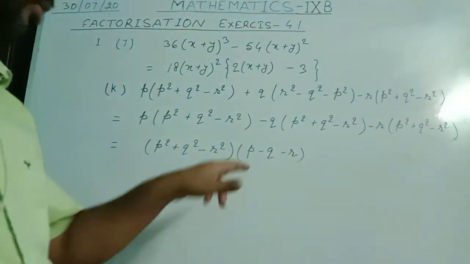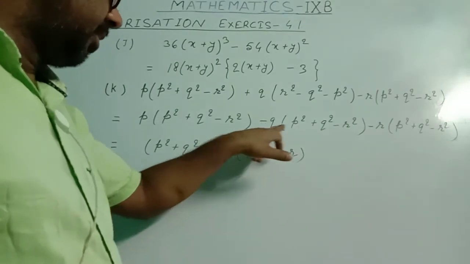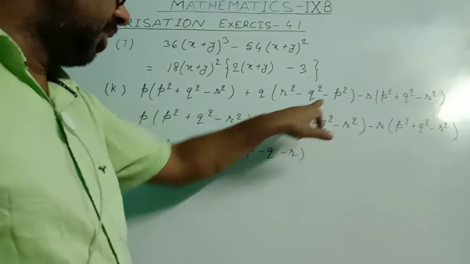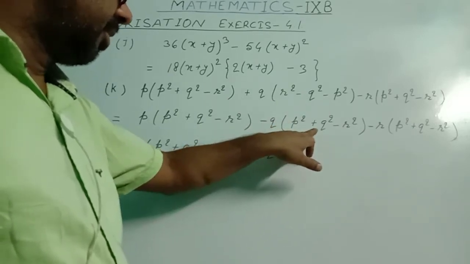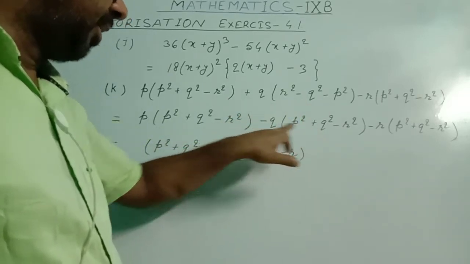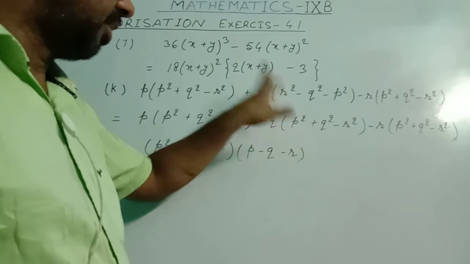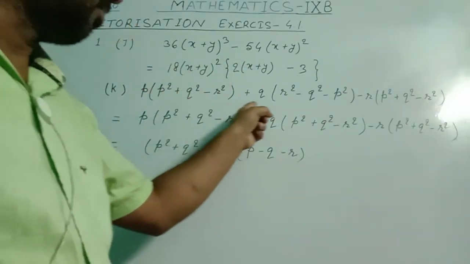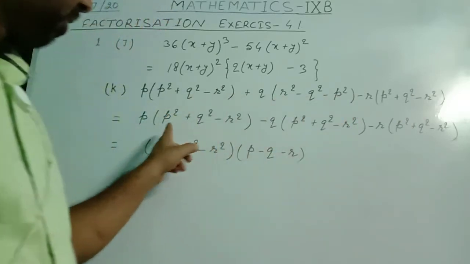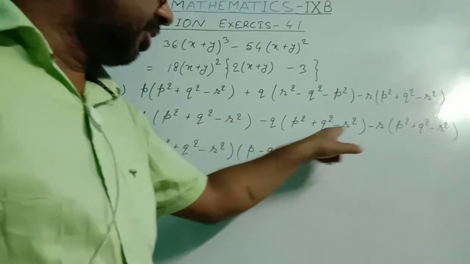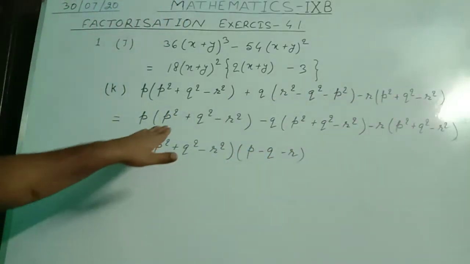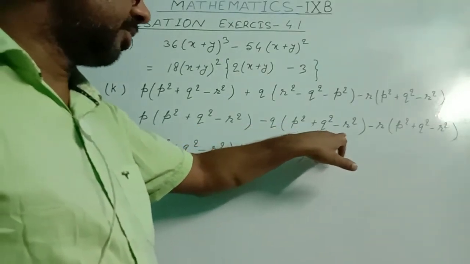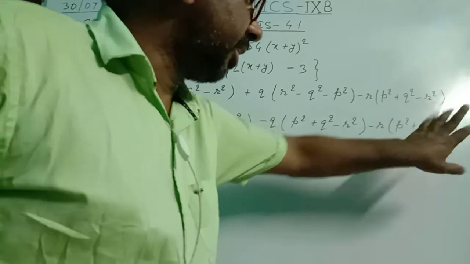For verification you can check once: minus times plus minus p^2, minus times minus plus q^2, minus times minus plus r^2... hmm, so we take minus common to make this the same term. Now inside the bracket all three terms are the same: p^2+q^2-r^2, p^2+q^2-r^2, and p^2+q^2-r^2.